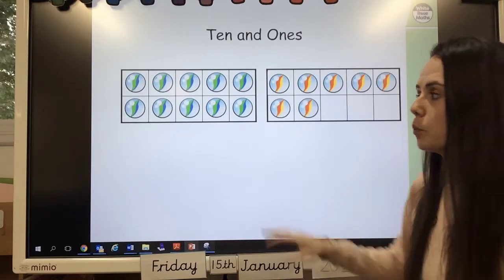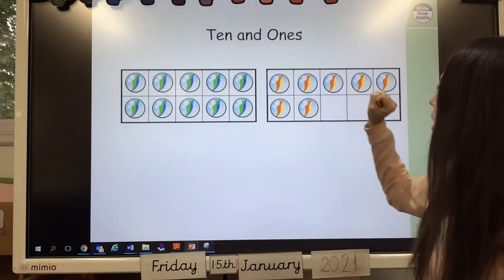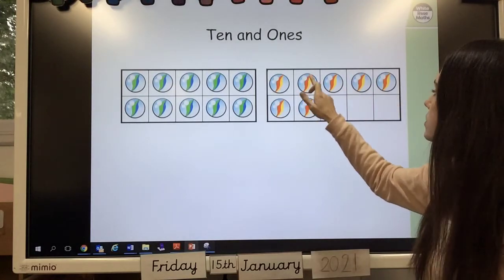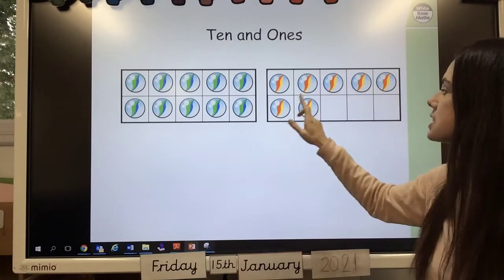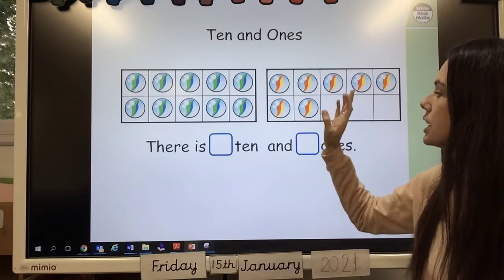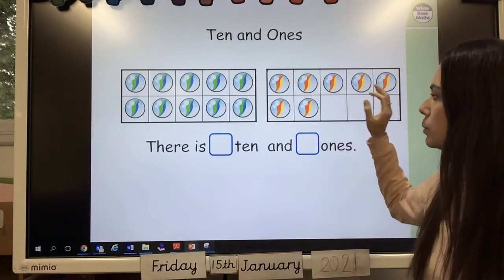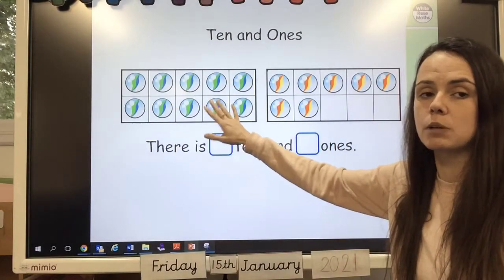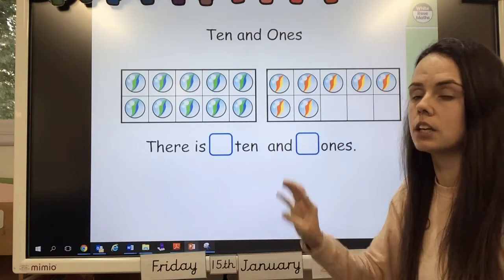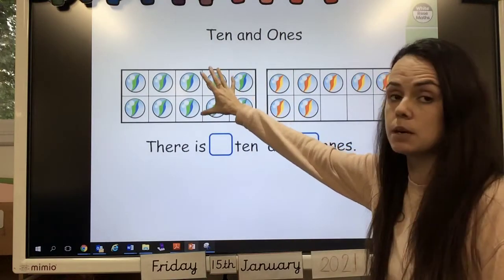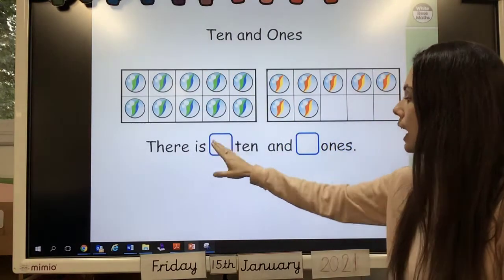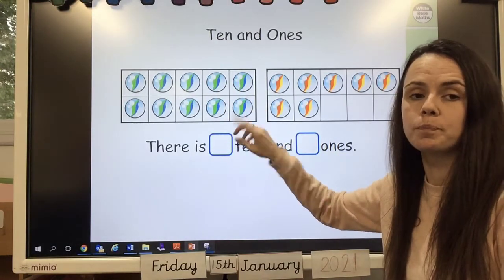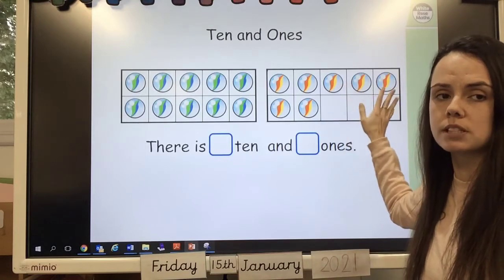Now this time, we've got 10 marbles and we have got, how many are here? Let's count. 1, 2, 3, 4, 5, 6, 7. So we've got 10 marbles and 7 marbles. Now, if it is a complete 10 frame, it counts as 1 ten. So how many 10s? How many 10 frames have I got that are complete? 1. And how many individual ones? 7.